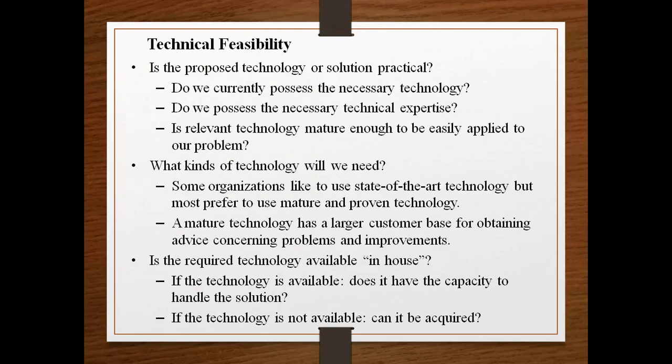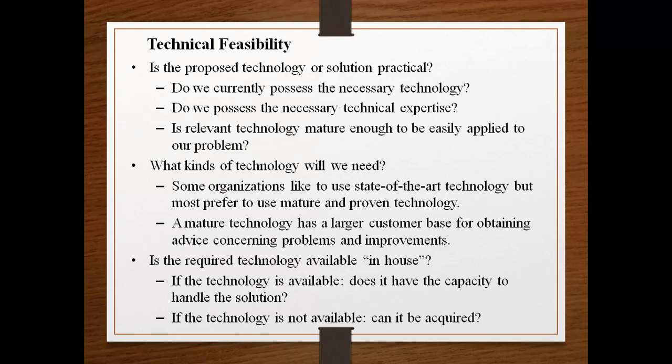Okay, is the required technology available in-house? This is where you have to ask the question. If a customer is asking for Fortran, does that technology exist in my company, does my employee know about that technology? If the technology is available, then you have to understand whether that particular person has the capacity to handle the solution.